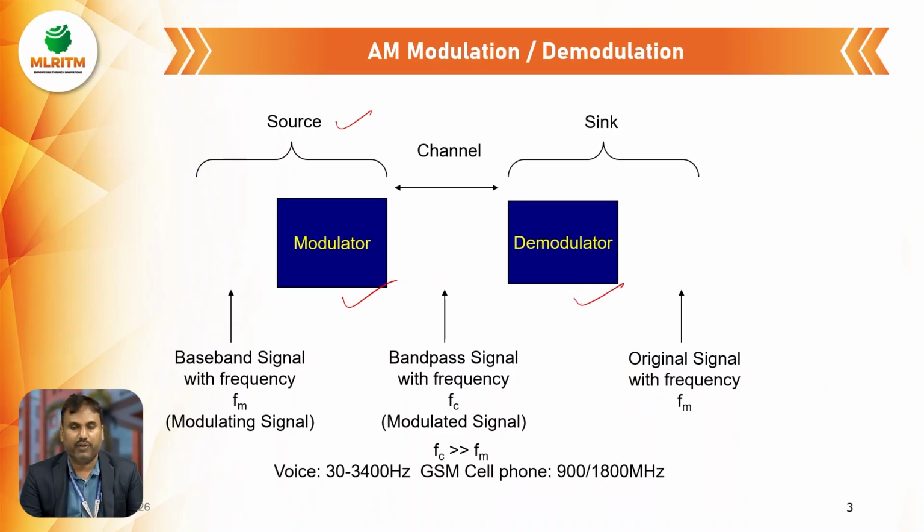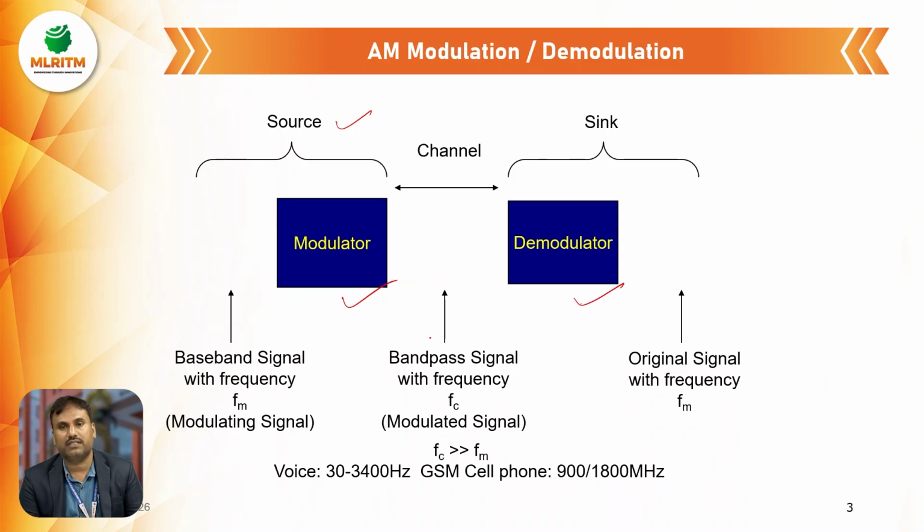Before modulation, the signal is said to be a baseband signal. A baseband signal is a signal with significant frequency content, but at low frequency. After modulation, the signal is a high frequency signal, because the basic property of modulation is converting low frequency to high frequency.